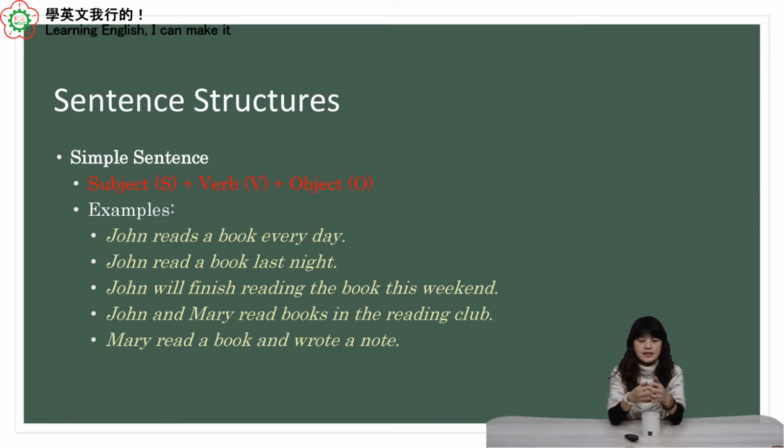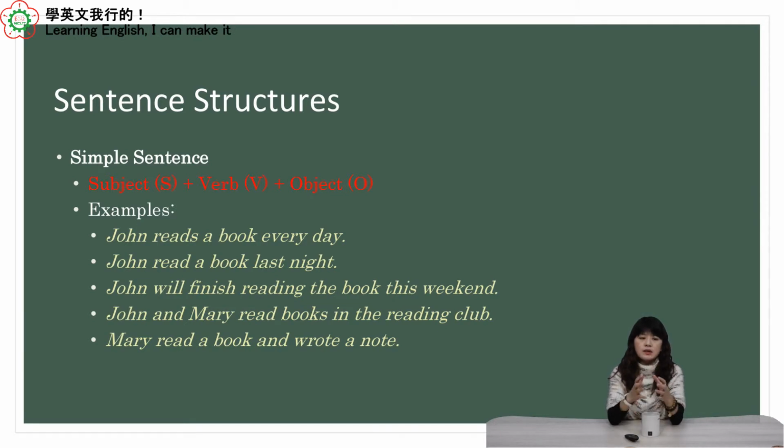The last sentence on this slide is: Mary read a book and wrote a note. Here Mary is the subject, and the verbs are read and wrote. Even though there are two verbs, you use and to combine them, and we see read a book and wrote a note as one thing Mary did.